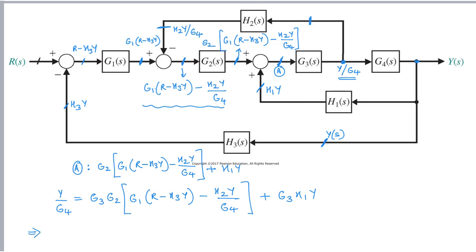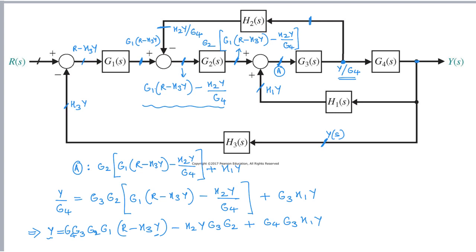I think the easiest way to do this would be to multiply this entire expression by G4 so that you get Y equal to G4 G3 G2 G1 (R minus H3Y) minus H2Y G3 G2 plus G4 G3 H1Y. Now you can bring the terms related to Y to the other side.